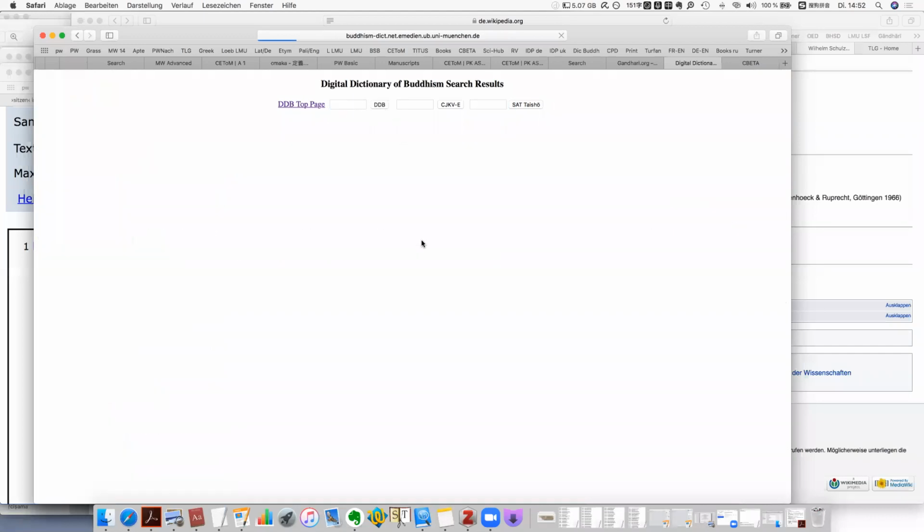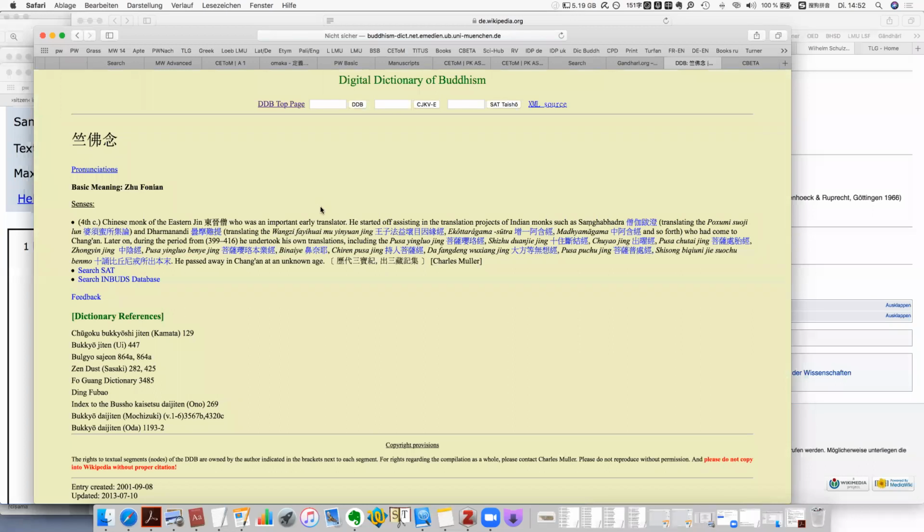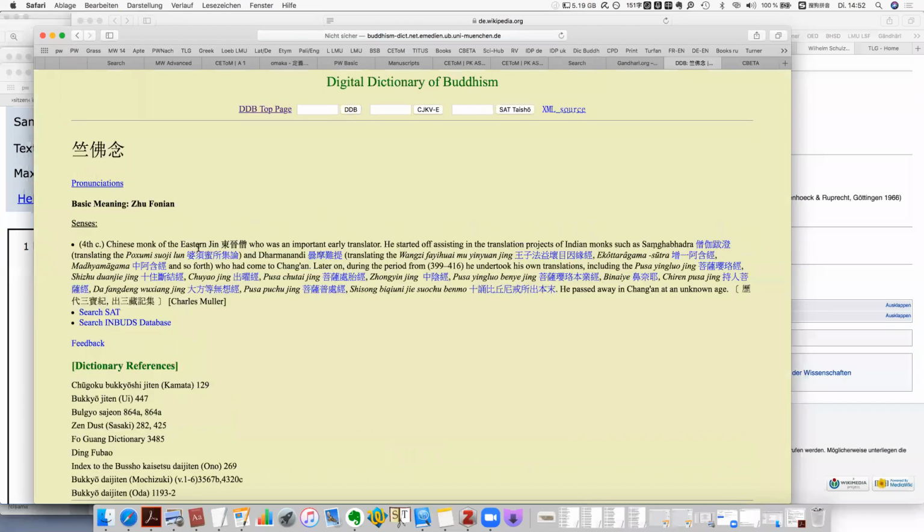It's Eastern Jin, Dongjin, and Zhu Fonian. So what is his Sanskrit name? No, he's not mentioned.